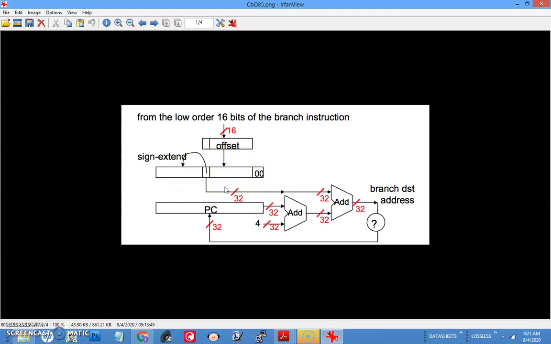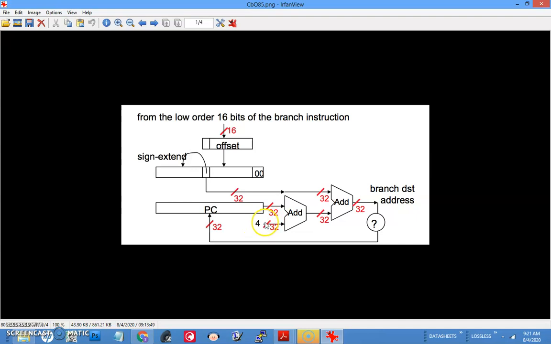So that is fed to the adder. Okay, and the PC value also is taken. So PC value plus the offset gives you the branch destination address, or the branch target address. Now this 4 is already provided here, so that we get PC plus 4.